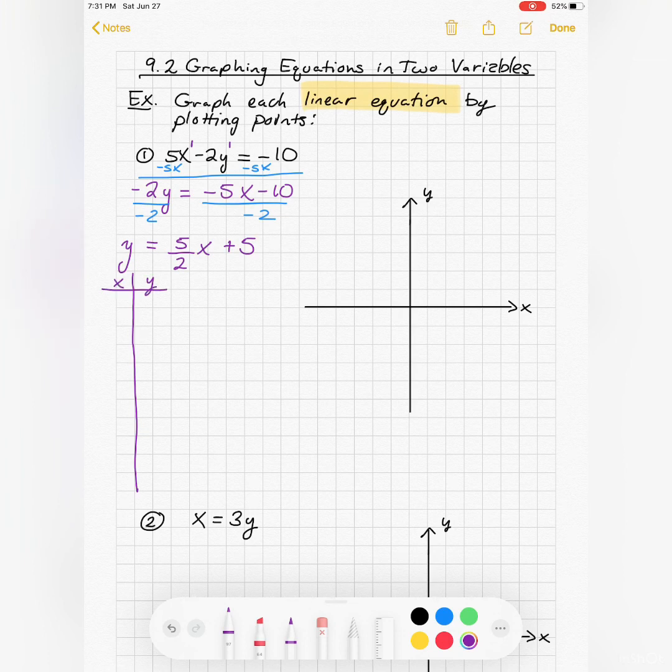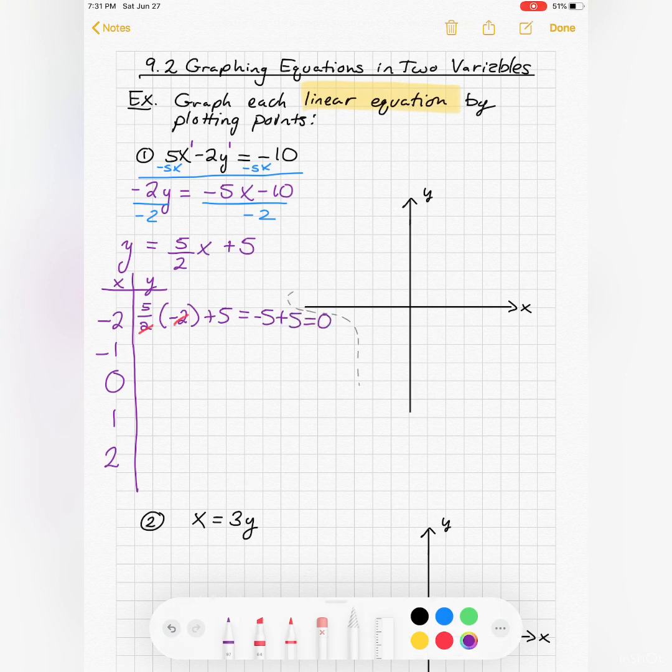So let me maybe plug in, I can start with values, say, between negative 2 and 2, and then go from there. So let's see, I'm going to have 5 halves times negative 2 plus 5. So that'll be negative 5 plus 5, so 0.